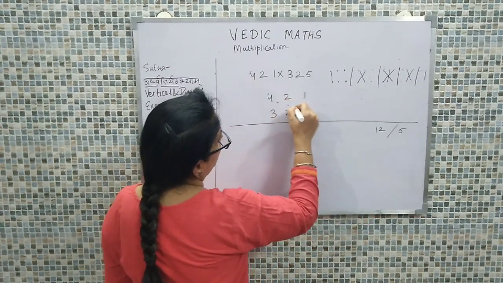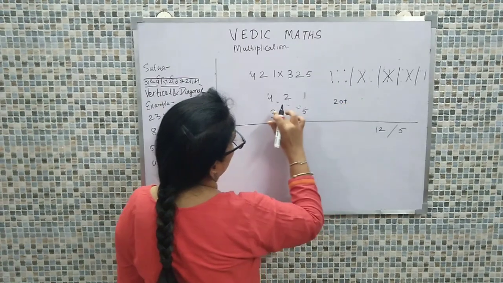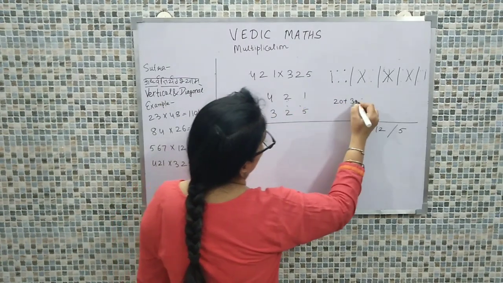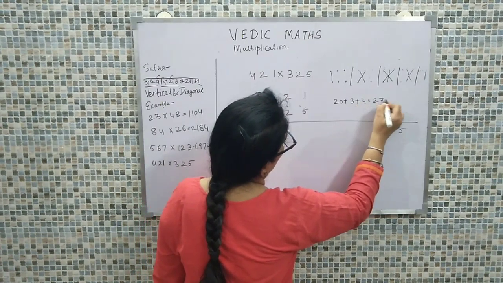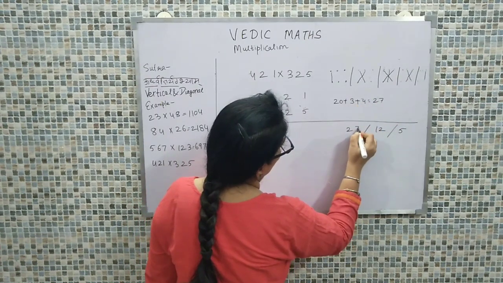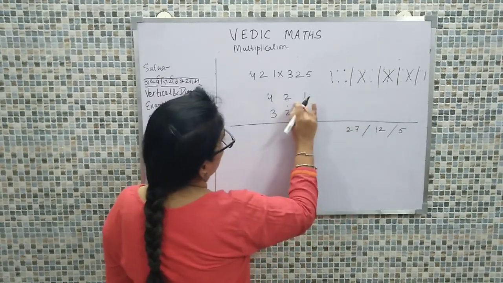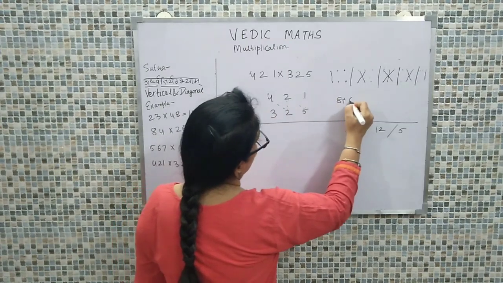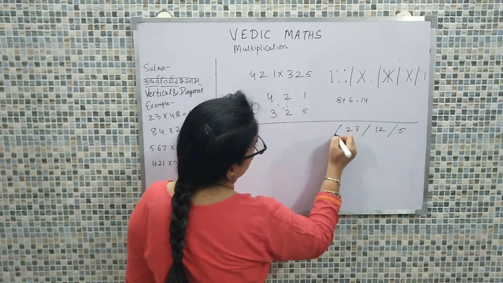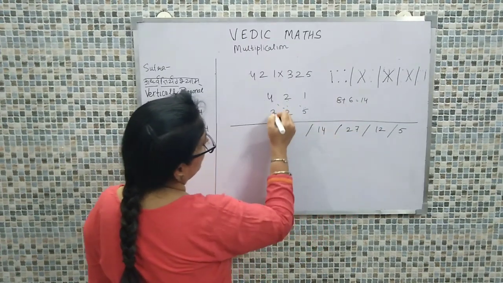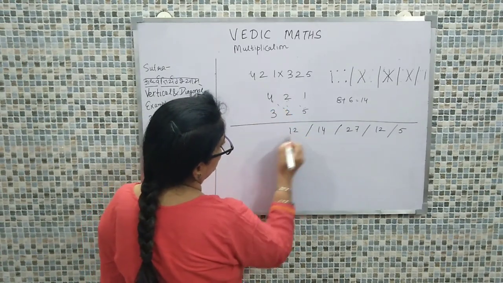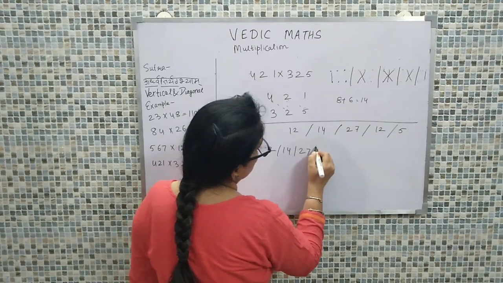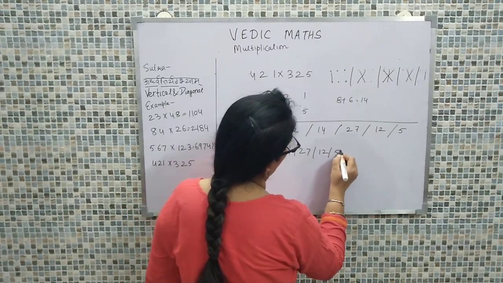Next, 4 5s are 20, 3 1s are 3, 2 2s are 4, so that will be 27. Next is 4 2s are 8, 3 2s are 6, so that is 14. And the very last value, 4 3s are 12. So we have 12, 14, 27, 12 and 5.